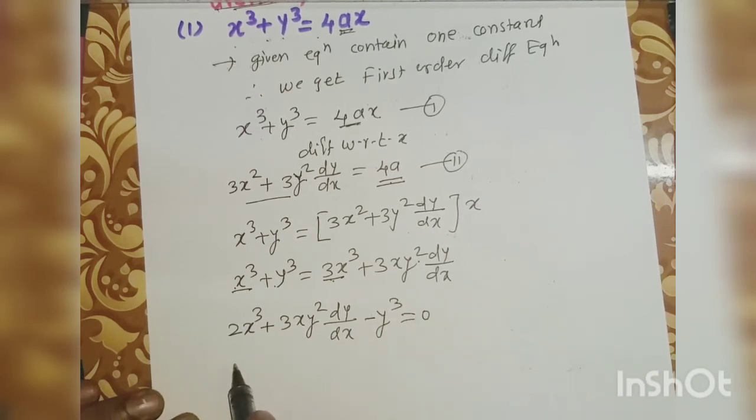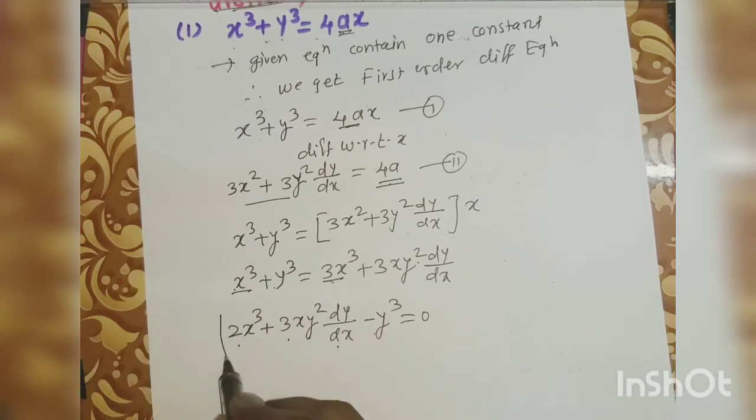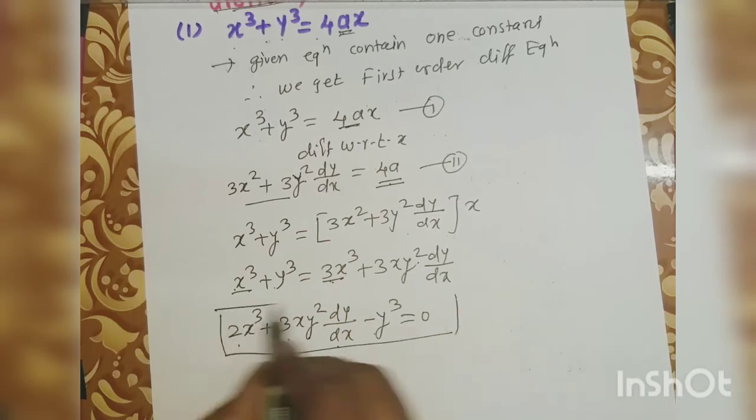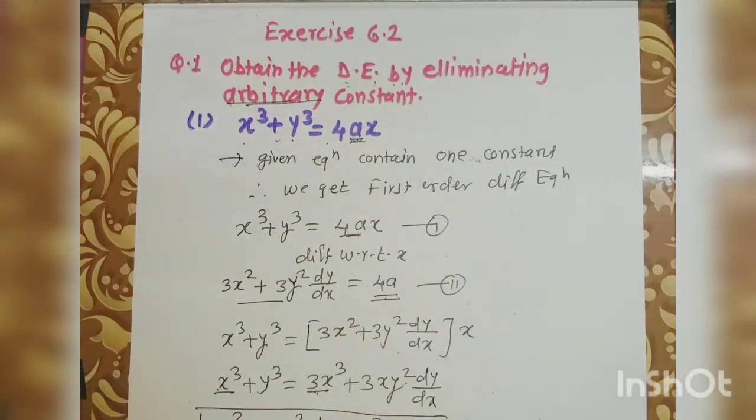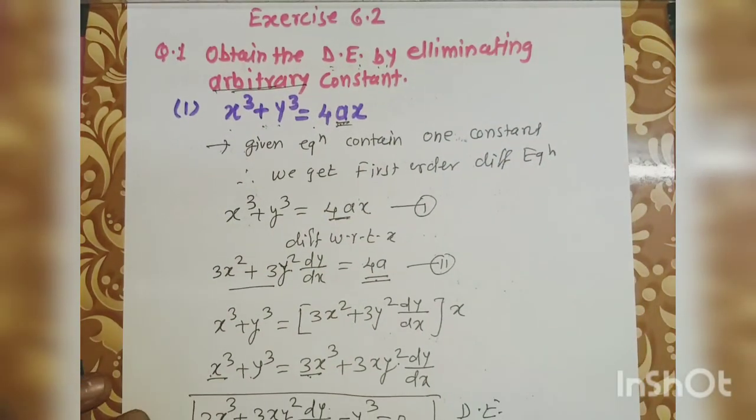That means the equation is 2x cube plus 3x y square dy by dx minus y cube is equal to 0, which is the differential equation. Its order is 1 because this equation consists of one and only one constant.